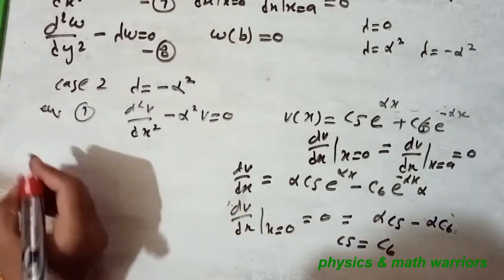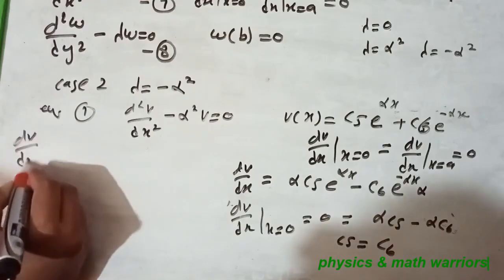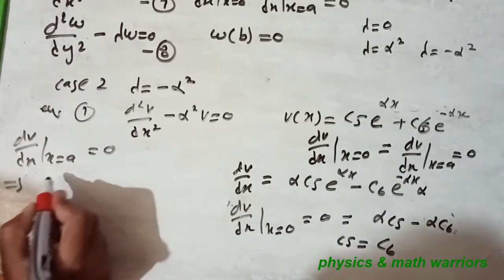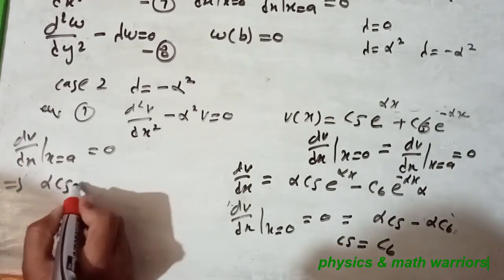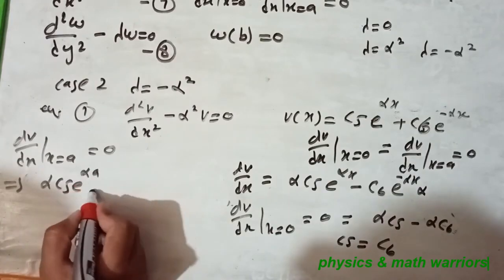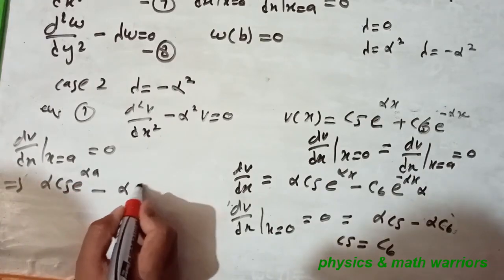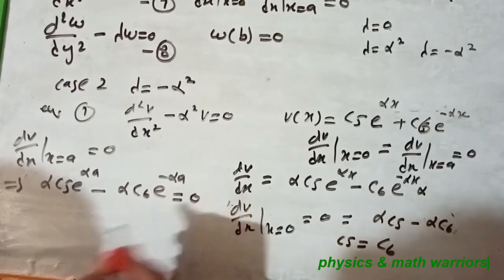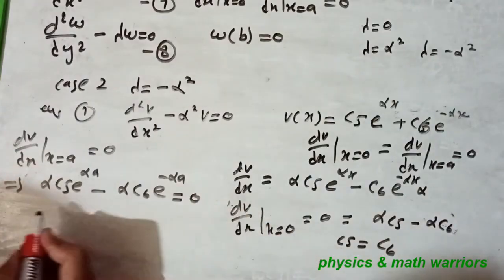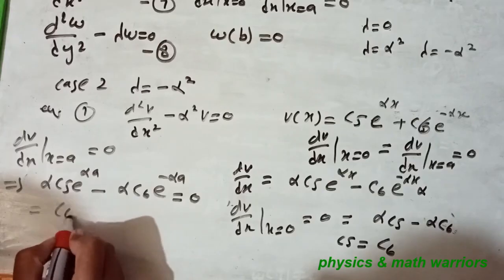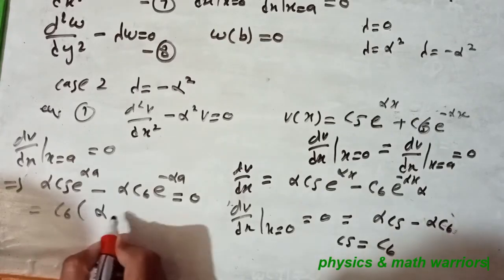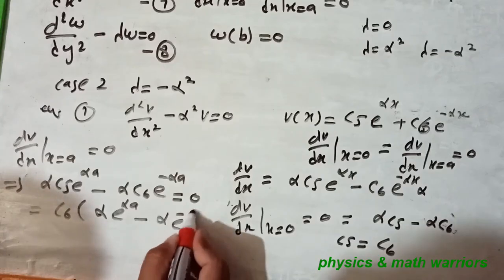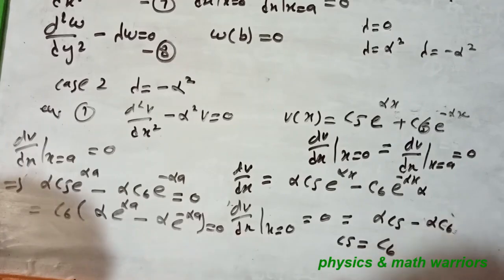Now we will use the second condition, dv over dx at x is equal to a is equal to 0, which implies alpha c5 exponent alpha a minus alpha c6 exponent minus alpha a is equal to 0, and c5 is equal to c6, so this becomes c6 multiplied by alpha exponent alpha a minus alpha exponent minus alpha a is equal to 0.